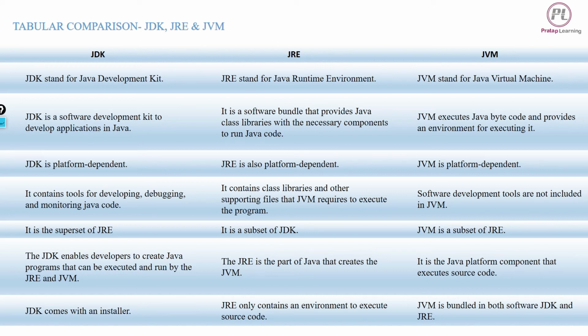Like we know, JVM, JRE and JDK are platform dependent, but Java is platform independent. JDK is a superset of JRE. JRE is a subset of JDK. JVM is a subset of JRE. So you can take a look at all points. It will also help you to understand more about JVM, JRE and JDK.